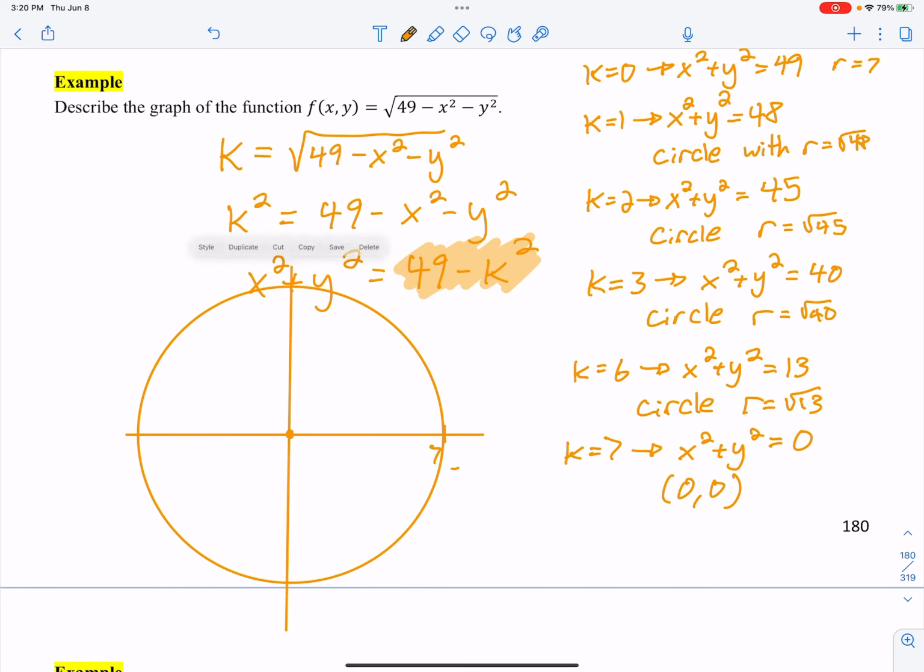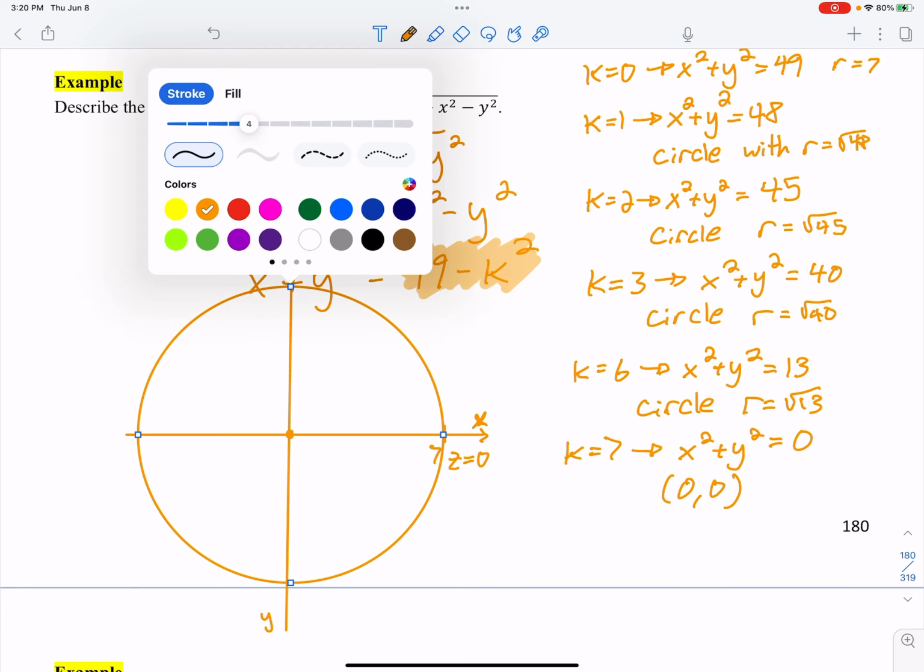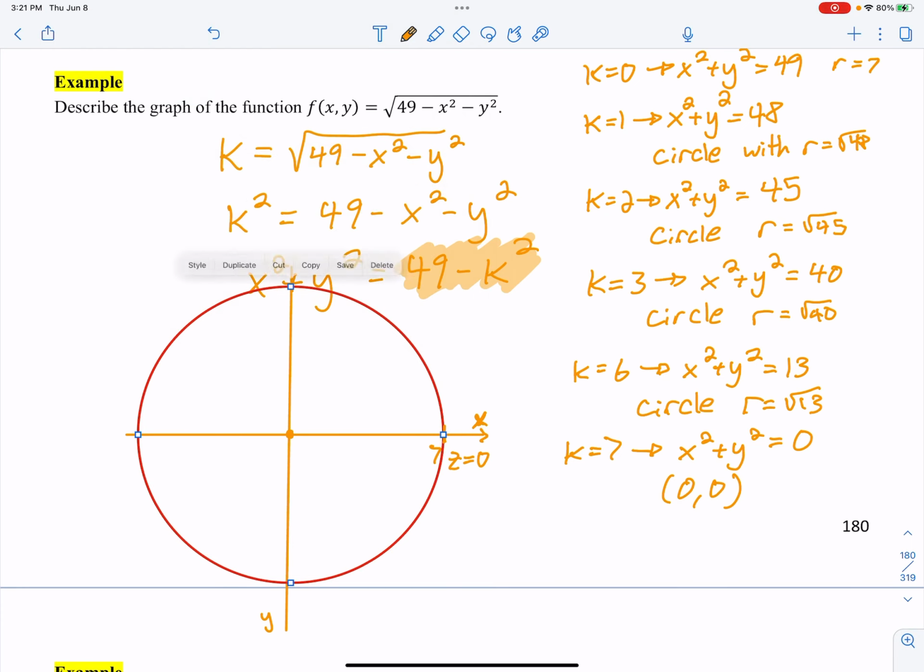This is z equals 0. We get that radius of 7. This is x. This is y. At z equals 0, maybe we should change this color. There we go. So that's z equals 0.